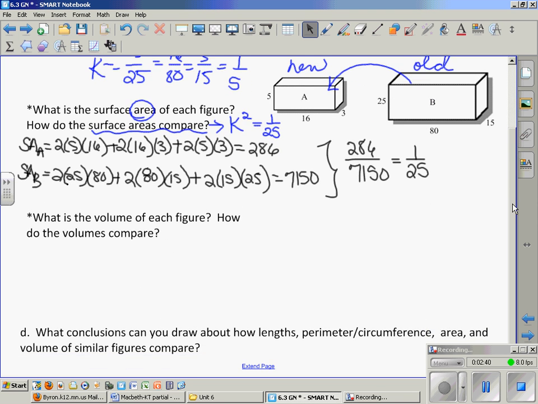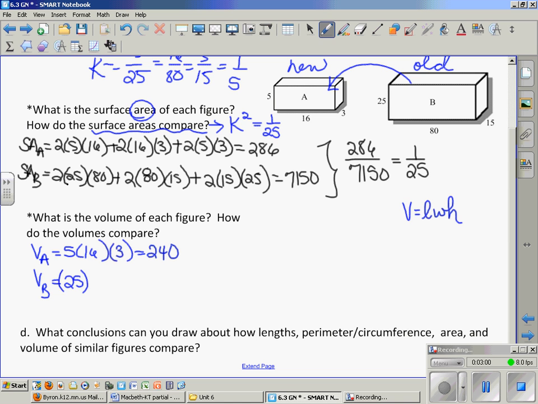Volume of a box is an easy formula. If you remember, the volume of a box is length times width times height. And so we run through and take care of that. The volume of A is 5 times 16 times 3, which is 240. The volume of box B is 25 times 80 times 15, which is 30,000.